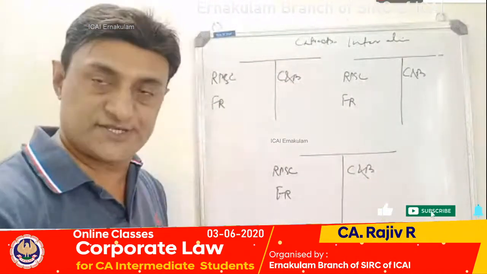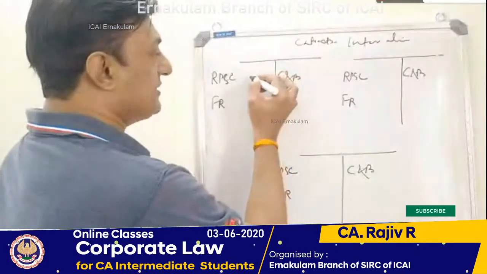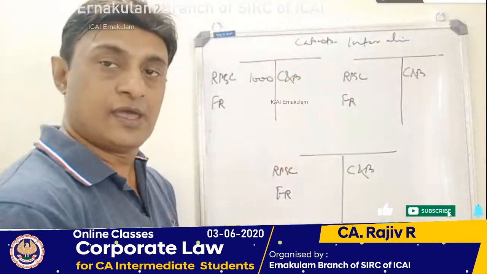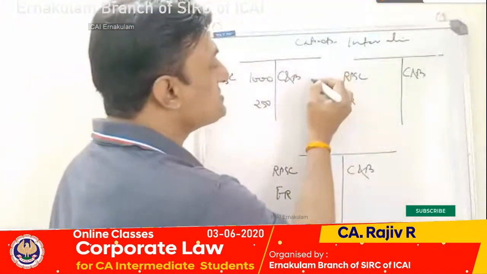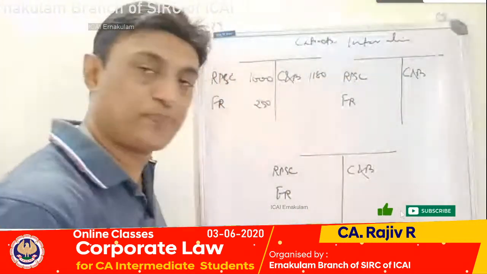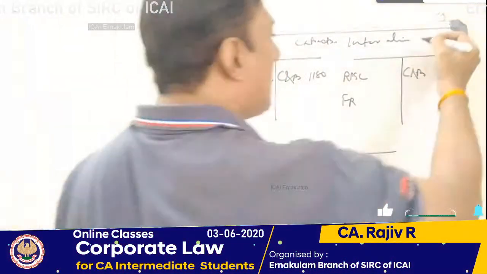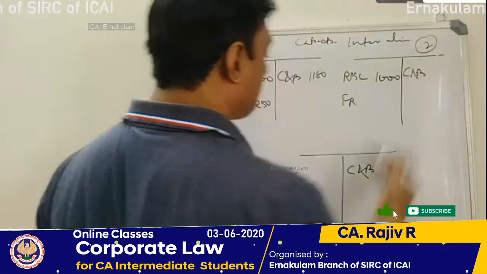Let's take simple figures for you to understand. In balance sheet 1, redeemable preference share capital is 1,000. Free reserves is 250. Cash balance is 1,180. In balance sheet 2, redeemable preference share capital is 1,000.